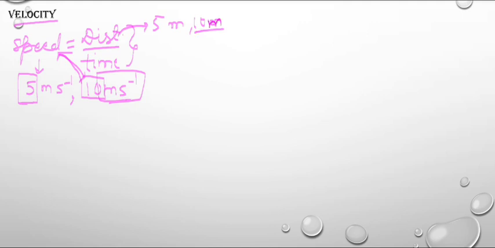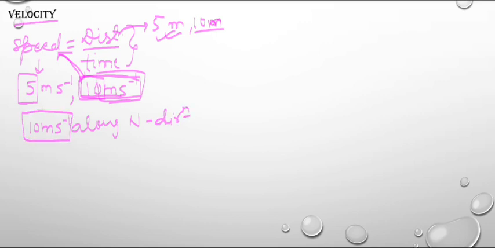We have discussed that distance is a scalar quantity and therefore it has magnitude only. Now, what if we give this magnitude a direction? 10 meter per second along the direction of north. Then here we have the magnitude along with the direction.